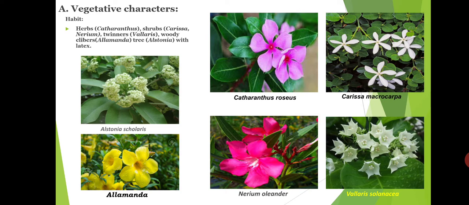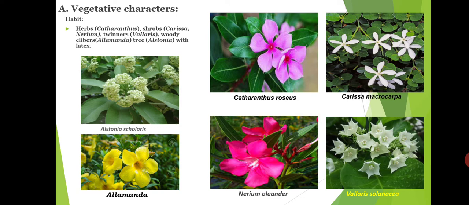Most of the plants are herbs, for example Catharanthus, otherwise called Vinca rosea or Catharanthus roseus, and shrubs and twiners, woody climbers, and even trees are there.